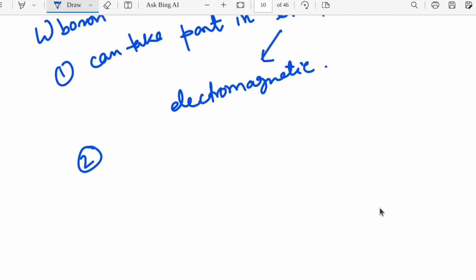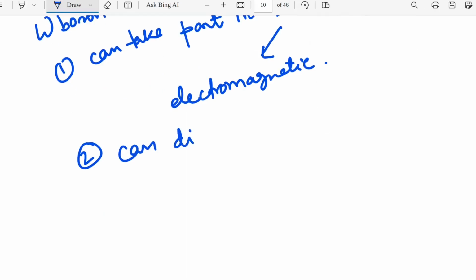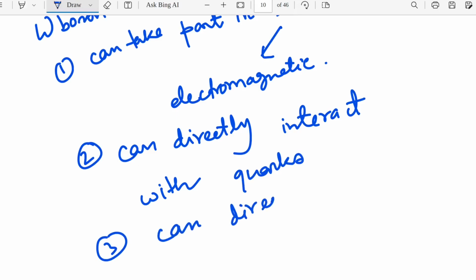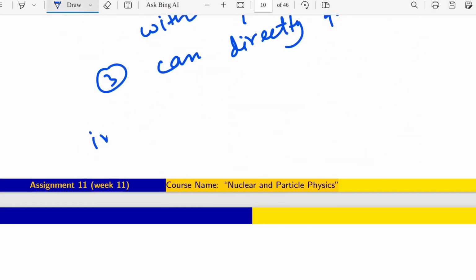The second one is can directly interact with quarks. And the third one is can directly take part in weak interaction. So these three options can be correct.